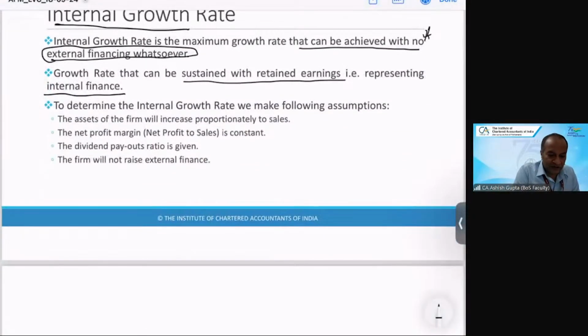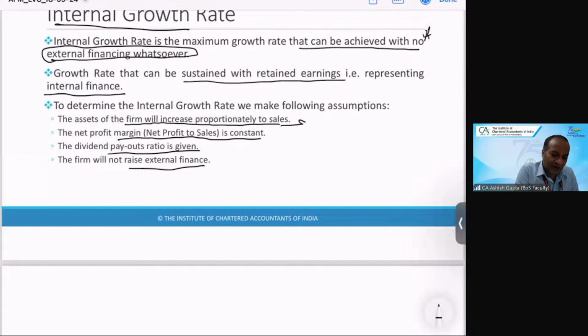When we determine the internal growth rate, we make the following assumptions. One, the assets of the firm will increase proportionately to sales. Two, net profit margin is constant. Three, the dividend payout ratio is given, and the firm will not raise external funds.